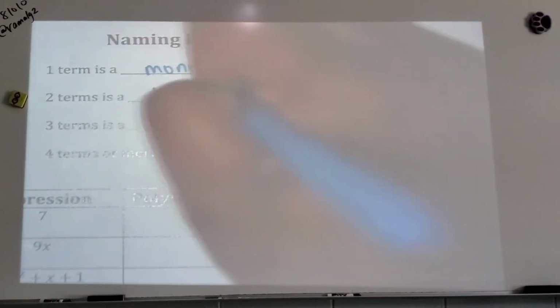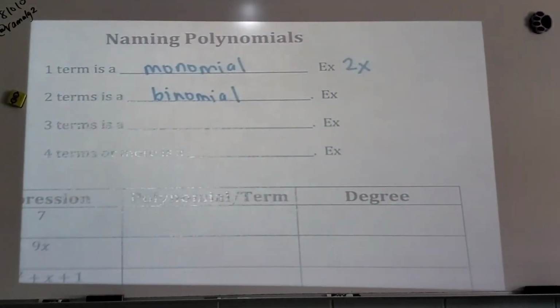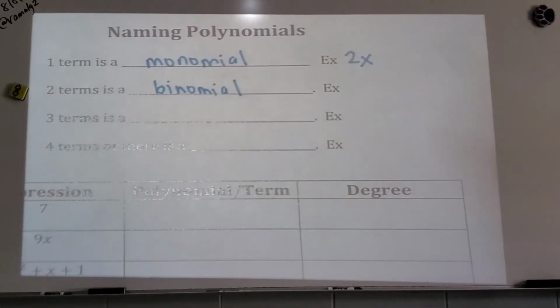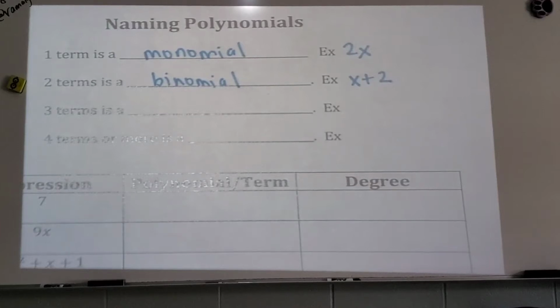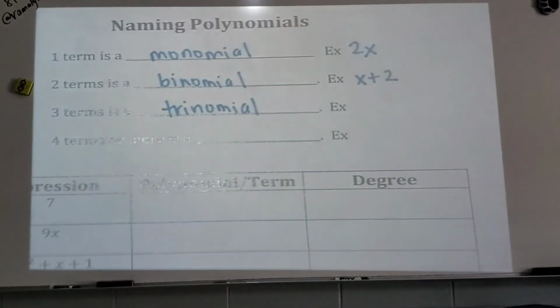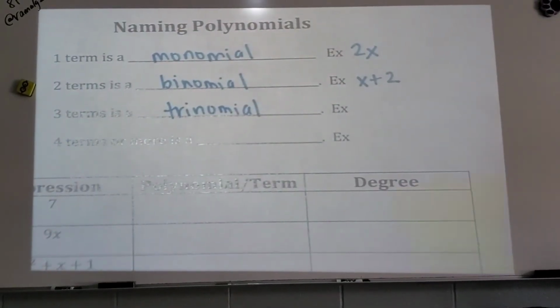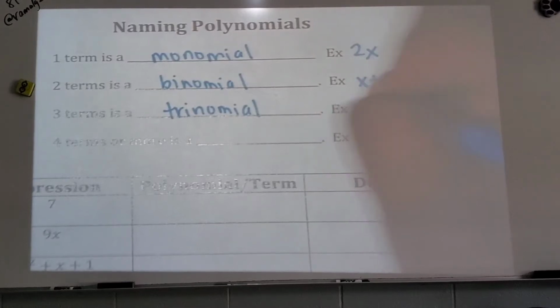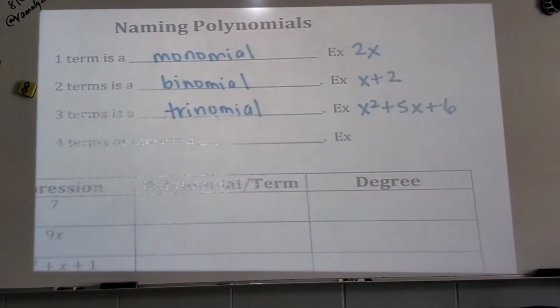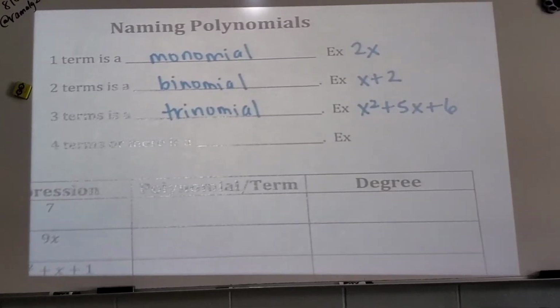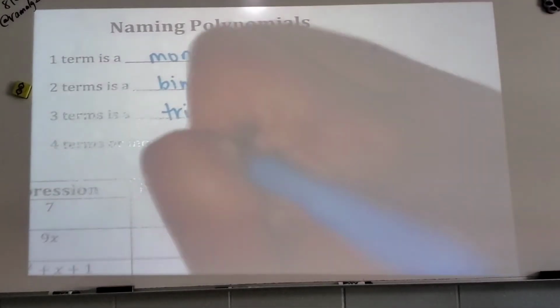Two terms is a binomial. An example of a binomial is x plus 2. 3 terms is a trinomial. An example of a trinomial is x squared plus 5x plus 6. 4 terms or more is a polynomial.